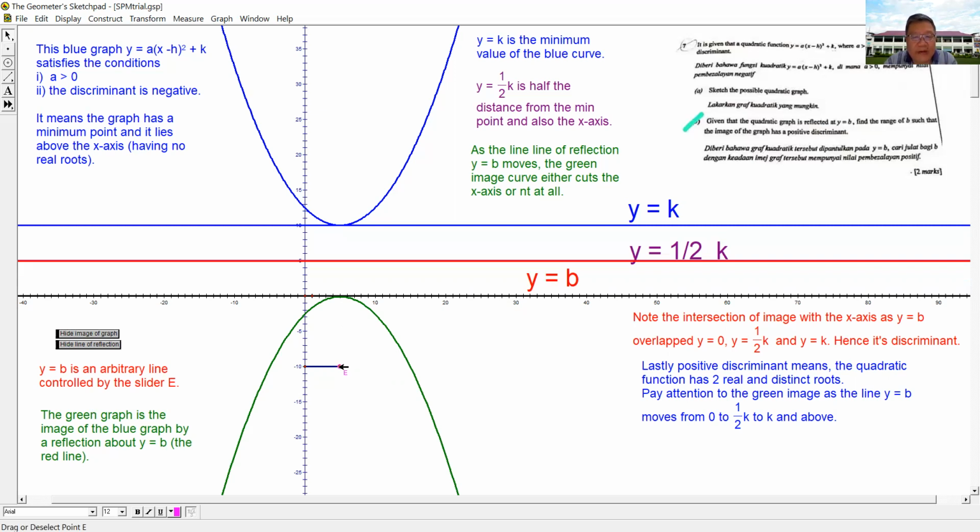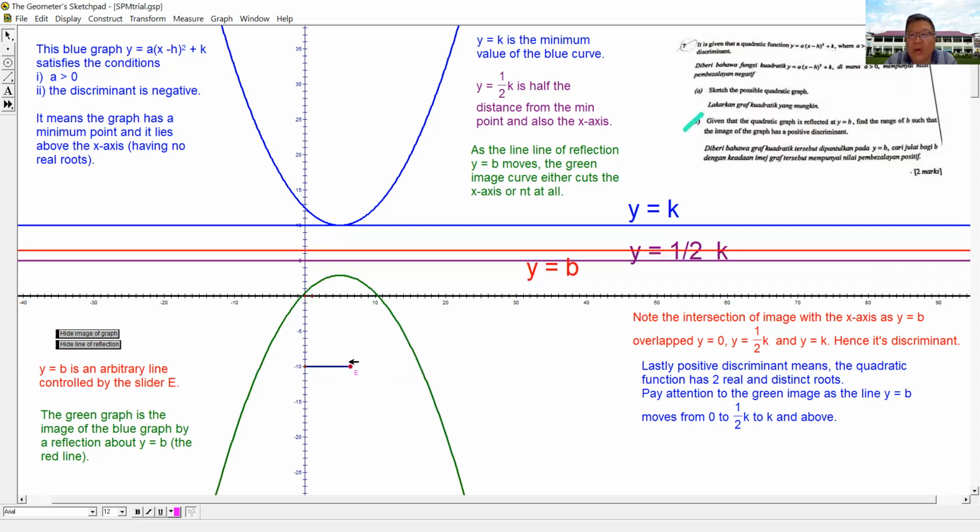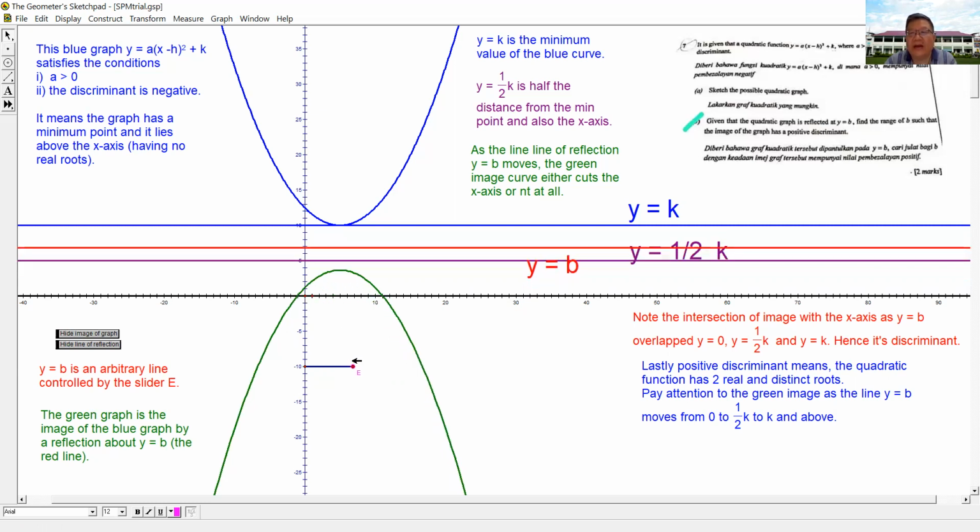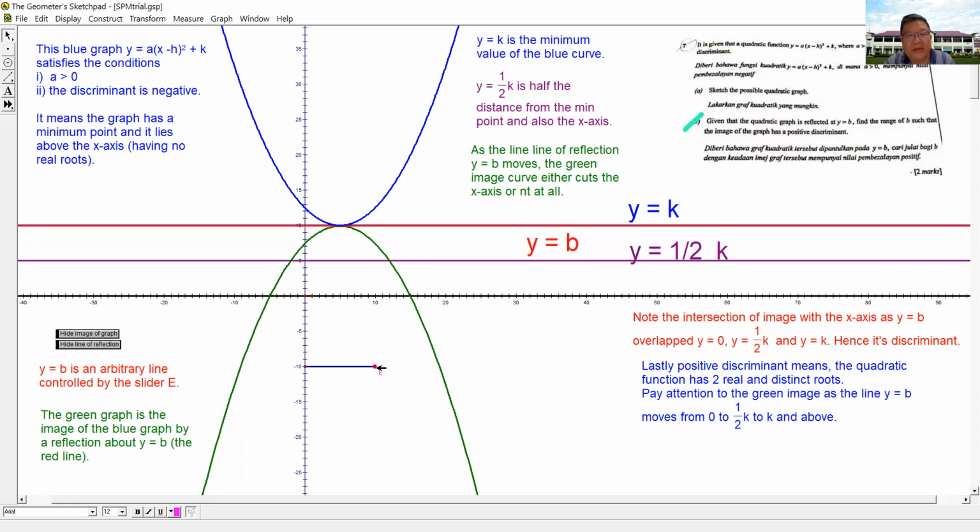Now as I increase the value of b to more than half k, we see that there are 2 points of intersection. It means that this green curve has 2 real roots, so the discriminant is positive. I increase some more, until y equals k, and still we have 2 real roots, and the discriminant is positive.